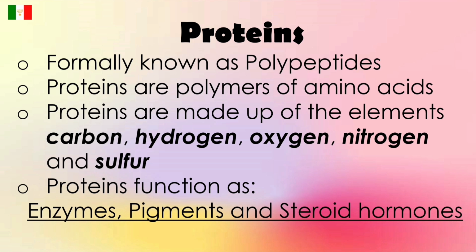They do most of the work in cells and are required for the structure, function, and regulation of the body's tissues and organs. Proteins are polymers of amino acids. They have many functions in the body, one of which is found as structural materials in hair, nails, and connective tissues.